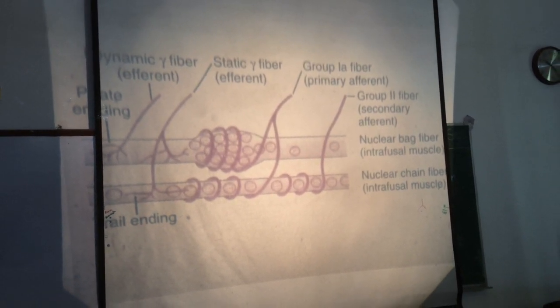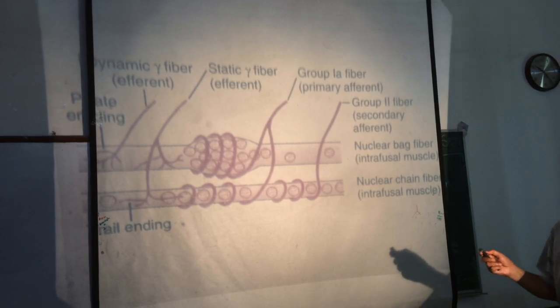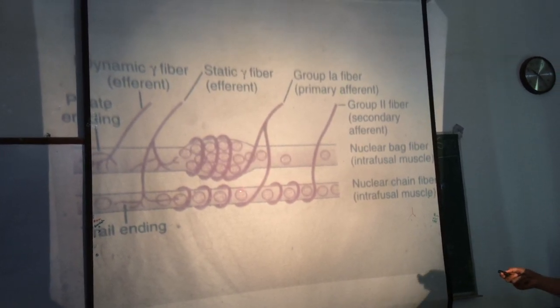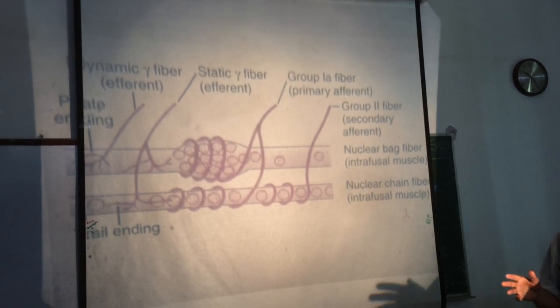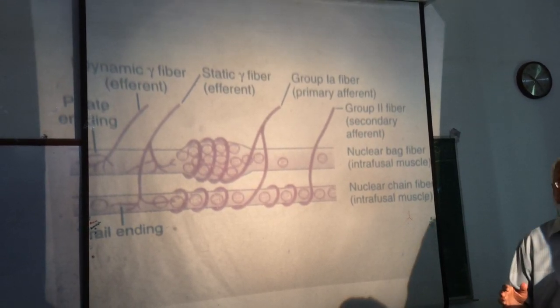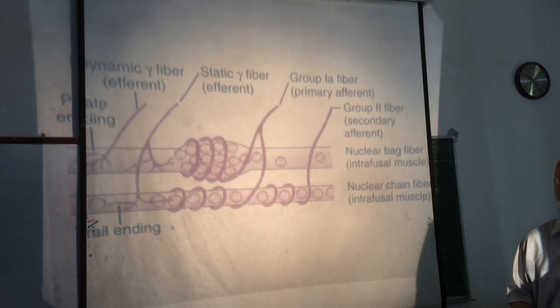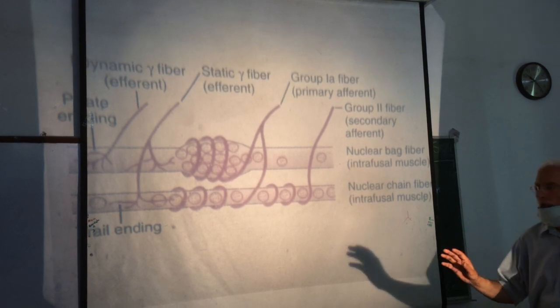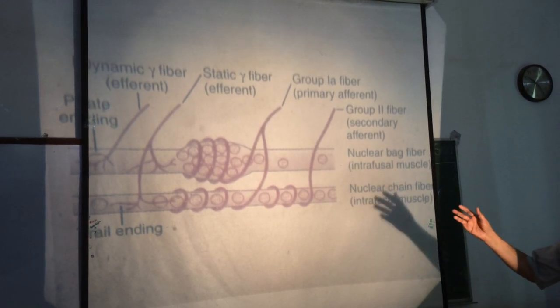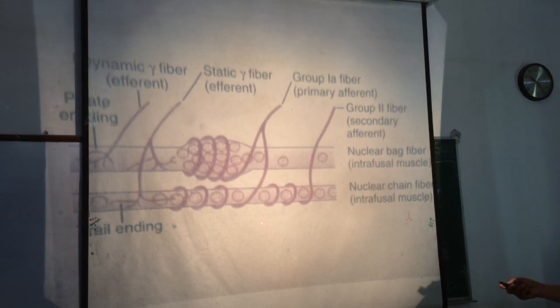The second type of intrafusal fiber is the nuclear chain fiber. Nuclear chain fibers are smaller, and their ends are attached to the sides of the nuclear bag fibers.